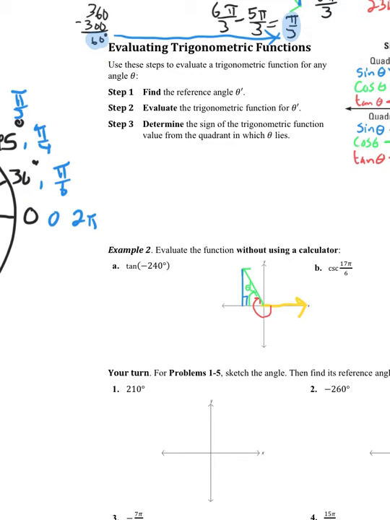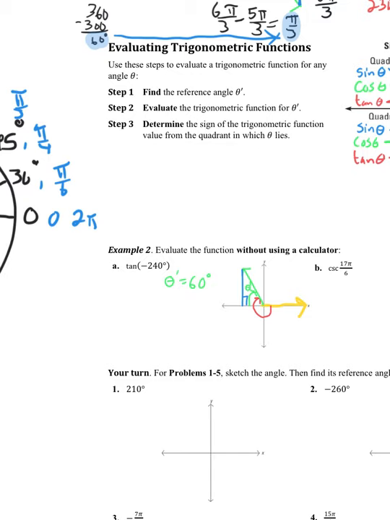I can go ahead and say I went how far past 180? Another 60 degrees. So it looks like theta prime is going to be 60 degrees. Remember, it's always a positive number between 0 and 90, so I always have that when I'm looking for my reference angle. So that's the first step. I need to find my reference angle.